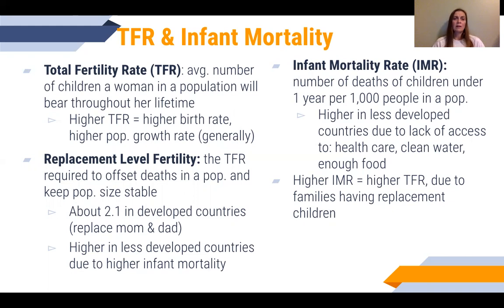Each woman really needs to replace herself and her spouse. In less developed countries, because of that higher infant mortality rate, because of the higher child mortality rate, and then again, in less developed countries, a lot of the time with war and conflict and famine, that number tends to be much higher because it's needed to offset a higher death rate.